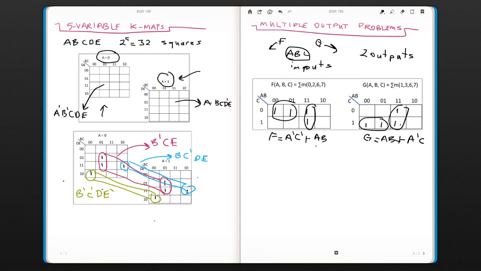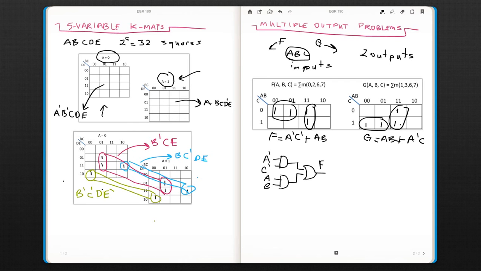So if I wanted to implement these with AND and OR gates, this is for F. So I have A naught, C naught, A and B, and this would go to an OR gate.